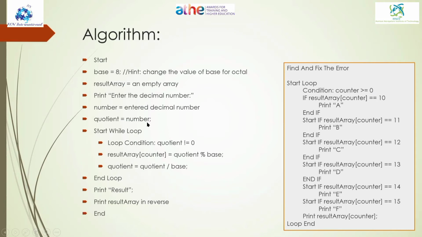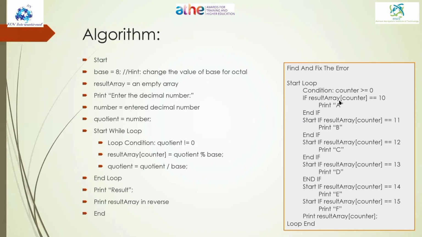Now this would work fine with bases 2 and 8, but if we were converting to hexadecimal, we would need this logic. Now I have potentially left an error here. Can you guys spot the error in this? Let me explain this logic first.